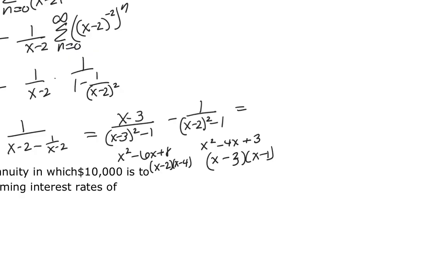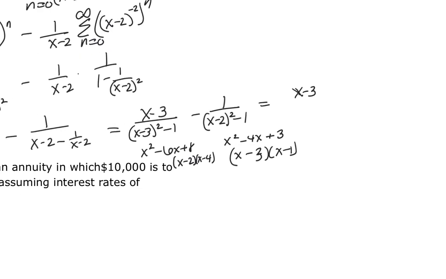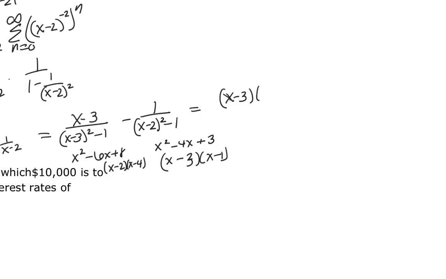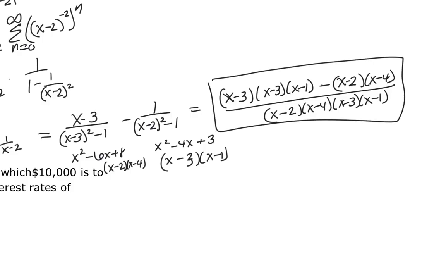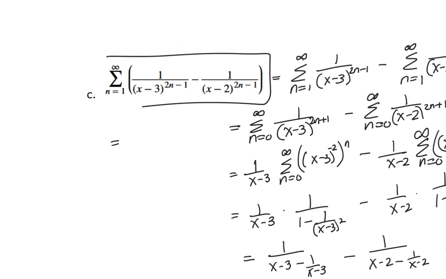So having a common denominator, I'm going to have x minus 3 multiplied by x minus 3, x minus 1, minus the second grouping multiplied by x minus 2, x minus 4, and then it's all over x minus 2, x minus 4, x minus 3, and x minus 1. And then if that cleans up, it cleans up. That would be lovely if it did, but I doubt it will. So that is my rational function, represented by this loveliness.